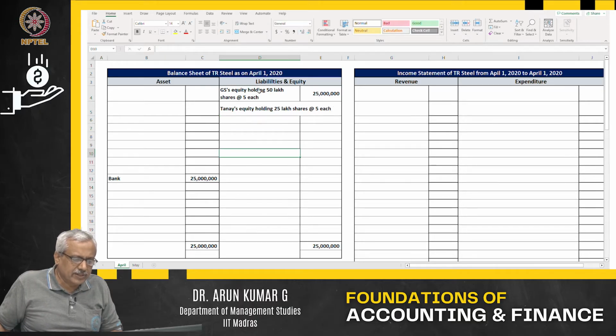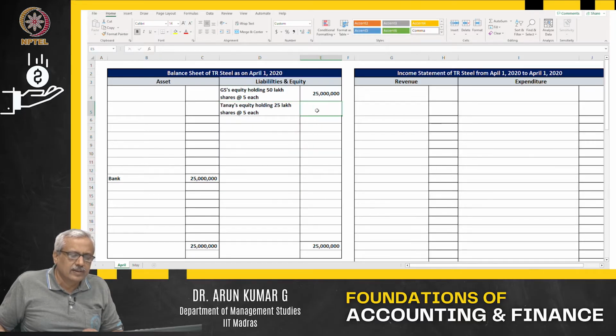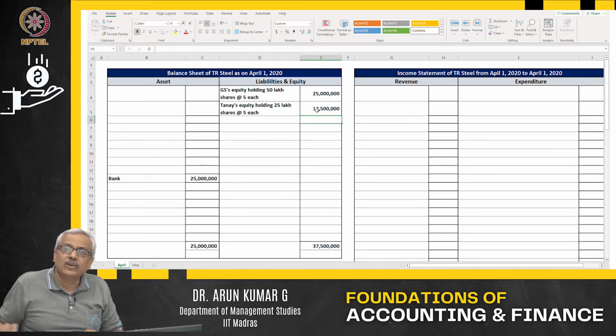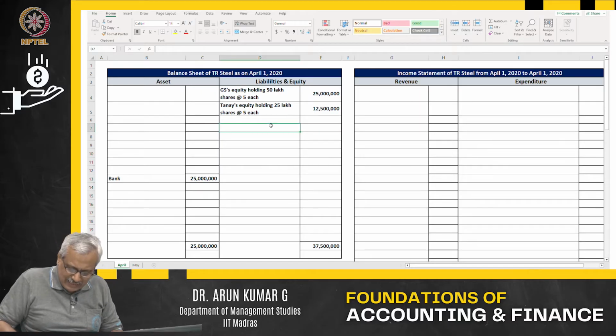I am just going to format the cells. So what is it? 25 lakh shares at 5 rupees. Yes, 1.25 crore.